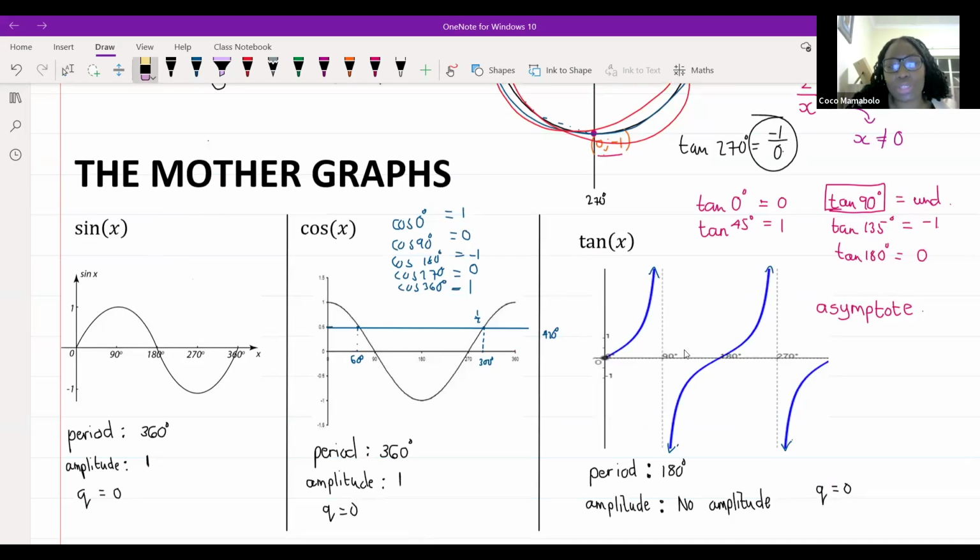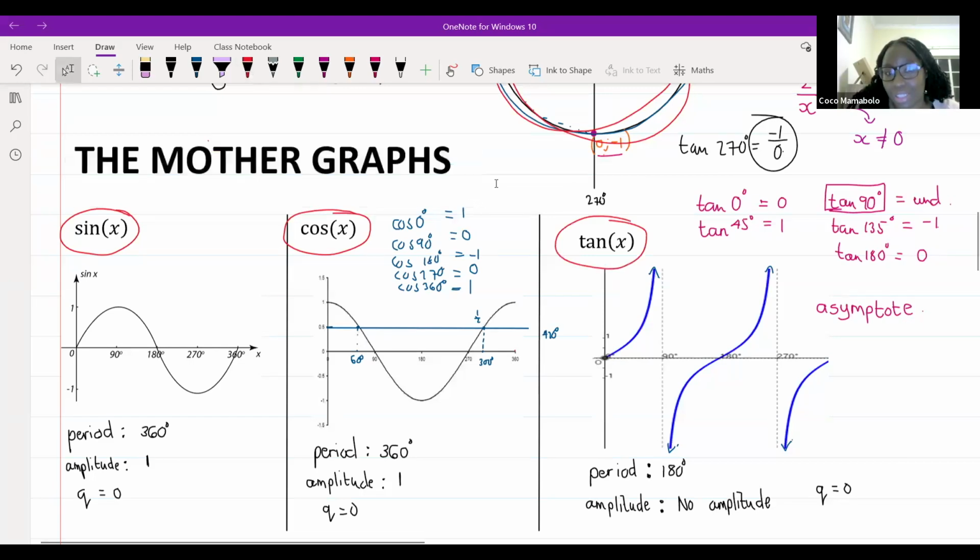All right, the one thing that I want us to always remember is that these graphs, the graph of sine x, the graph of cos x, and the graph of tan x are called the mother graphs. I call them the mother graphs.